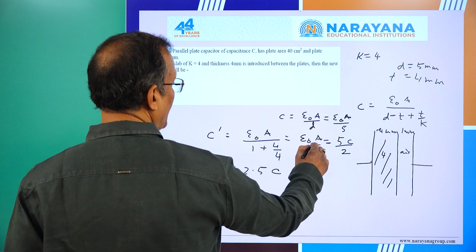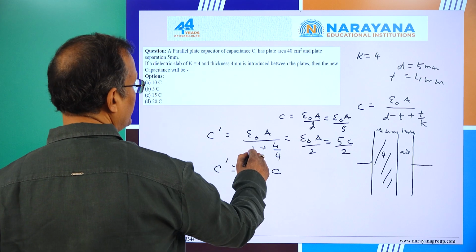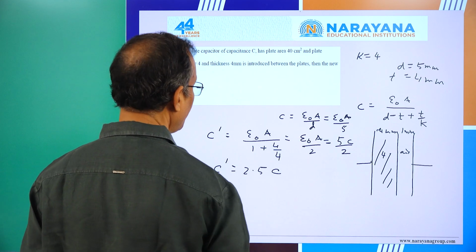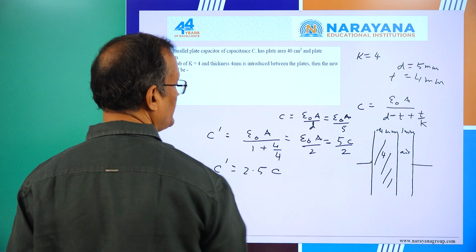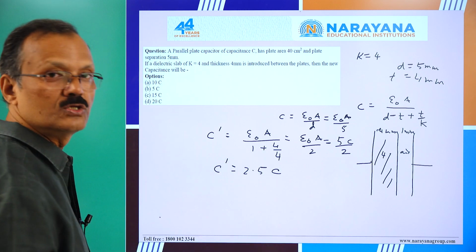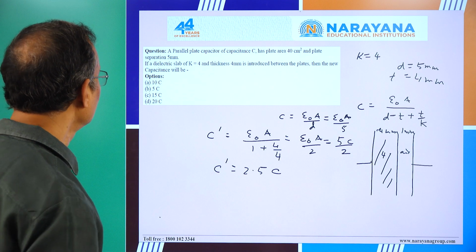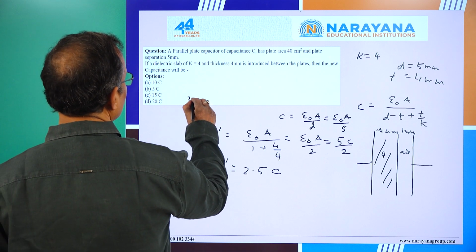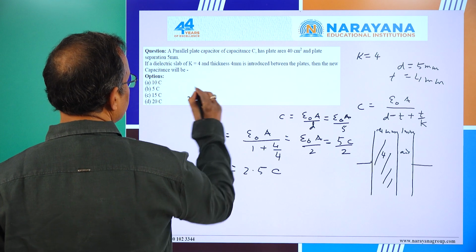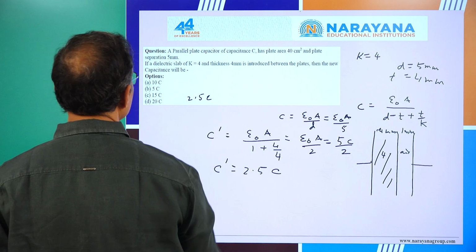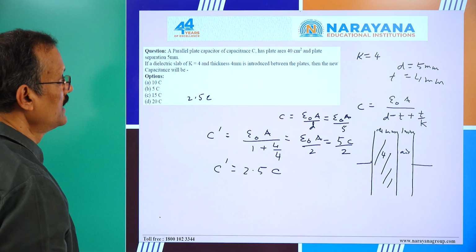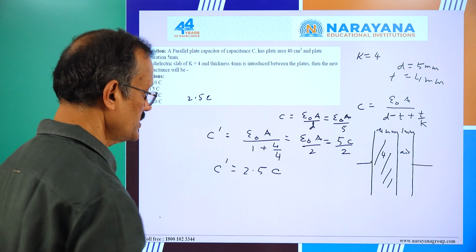I have taken epsilon naught A as 5C, and it is 1 plus T minus T plus T by K, by 2. So I am getting 2.5C. Your answer will be 2.5C. This will be the answer for this. Now let us move to the next question.